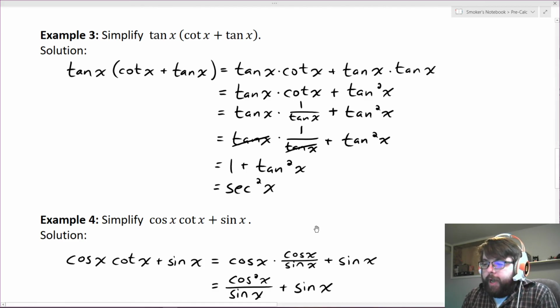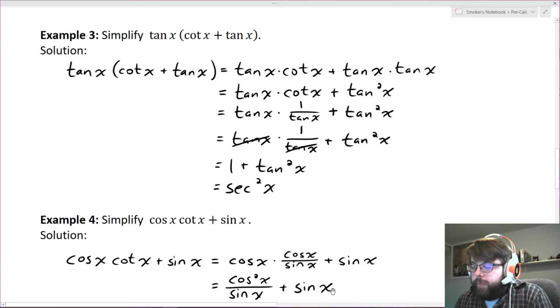The only way to combine 2 numbers is to have a common denominator. 2 numbers, but 2 of anything, not just numbers. These aren't numbers. Is to have a common denominator. So, in order to have a common denominator for this, I need to have this sine, which would be sine over 1. Anything that's not in a fraction is over 1.